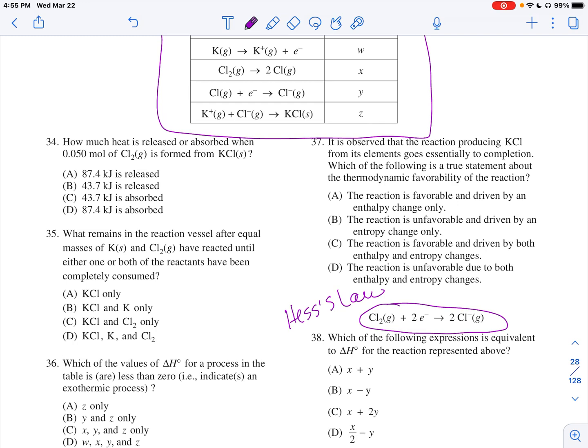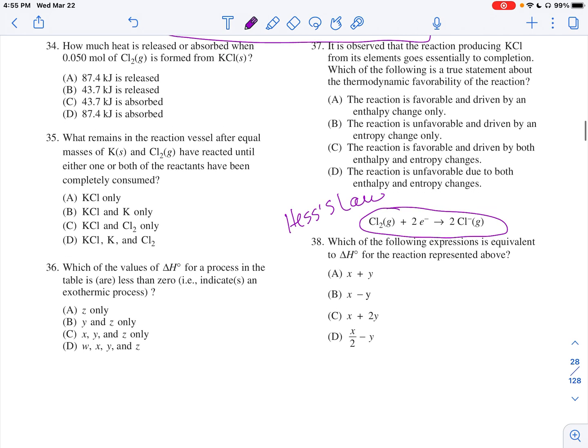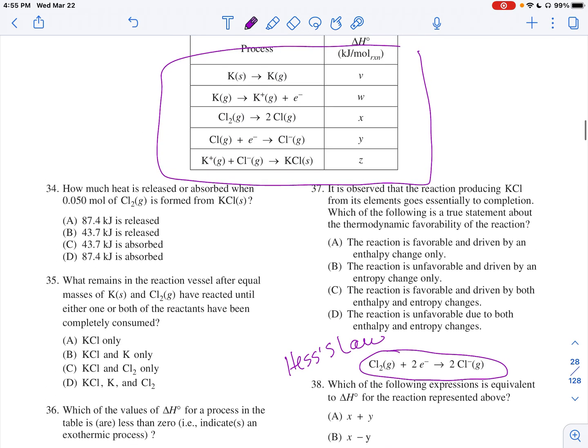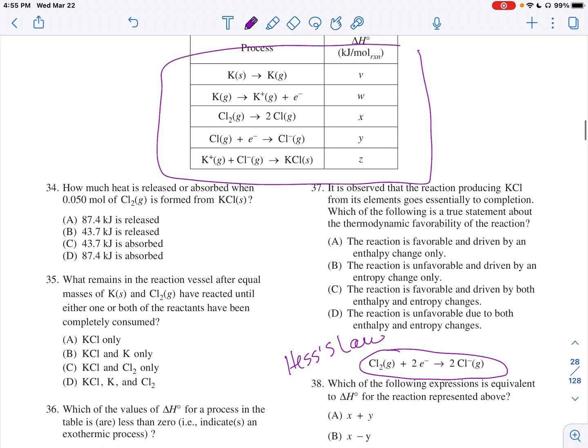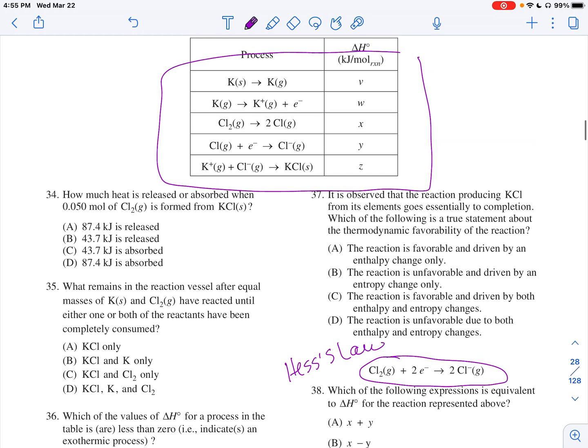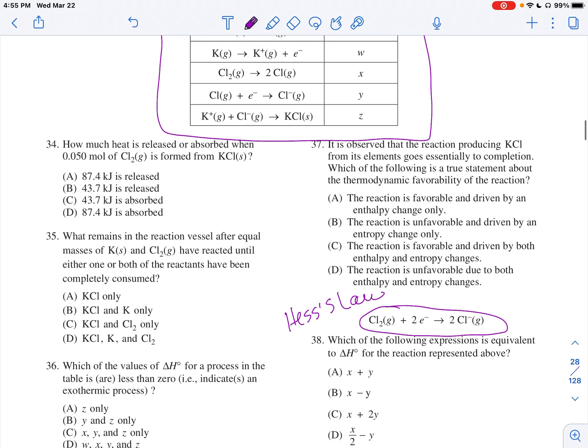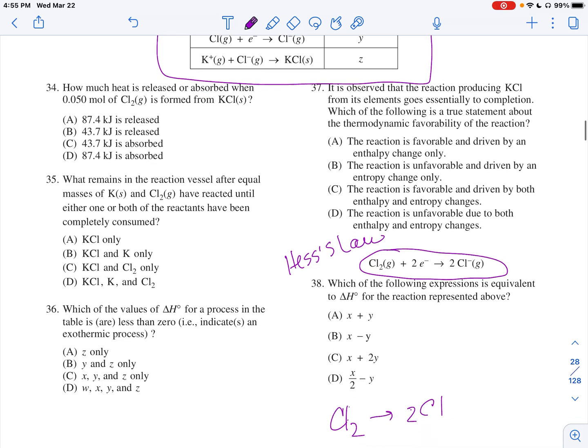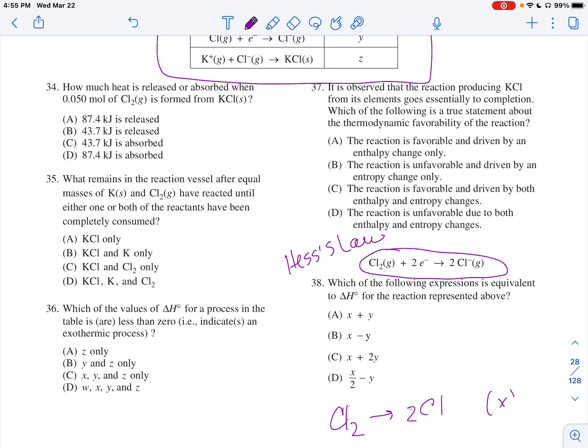And then that will be our delta H. Okay, so if we take this one, Cl2 to give 2Cl. And then that's going to be X for our delta H.